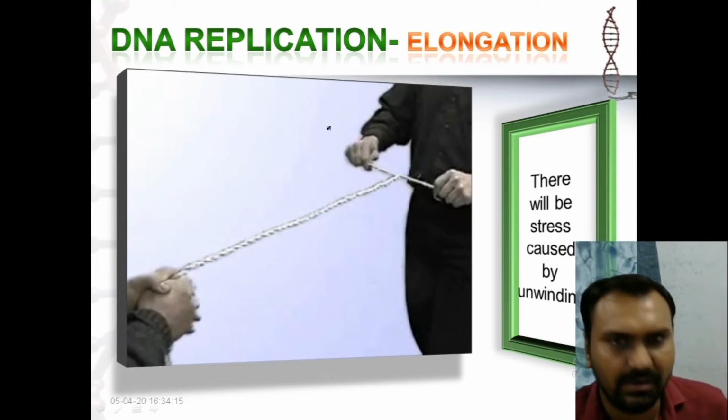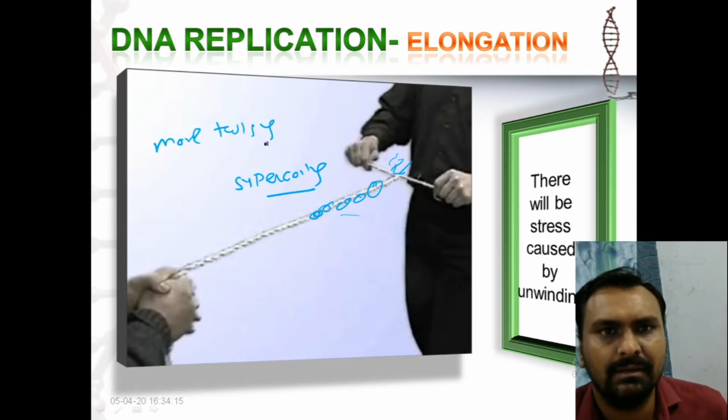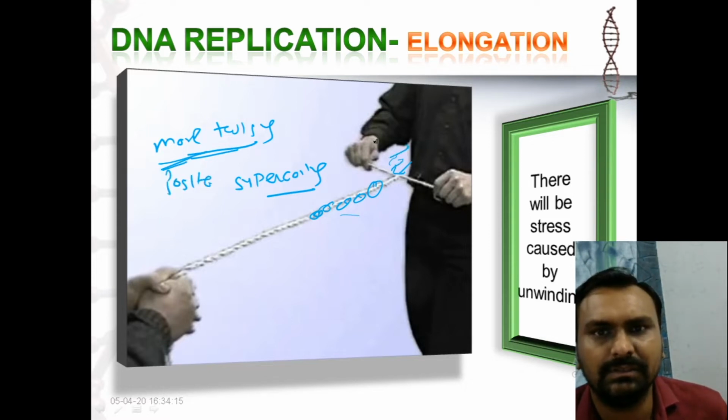Now when you unwind the DNA, there is a chance that supercoiling occurs. What do you understand by supercoiling? It is more twisting than normal. If it is more, then it is called positive supercoiling, and towards the other side there is less twist, which is called negative supercoiling.